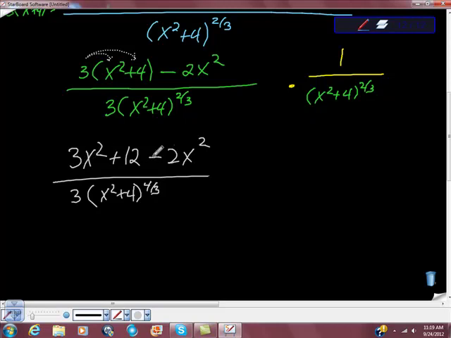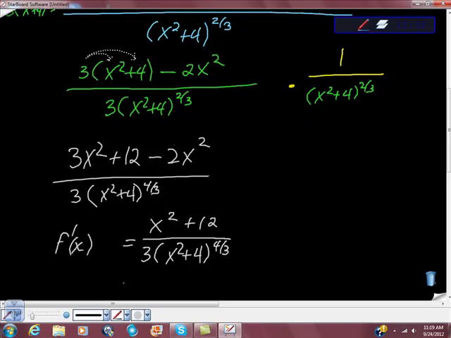I'm going to get 3x squared minus 2x squared is x squared plus 12, all over 3 times (x squared plus 4) to the 4/3 power. Man, that worked out okay. And that gives us our f prime at x, final solution.